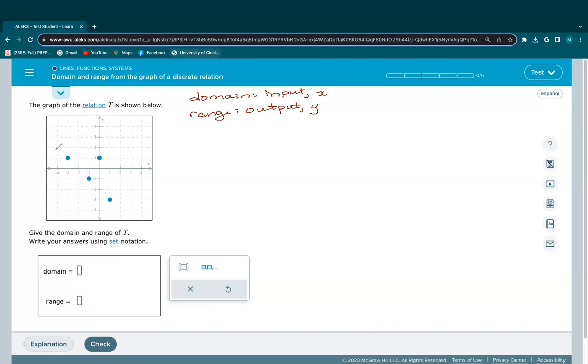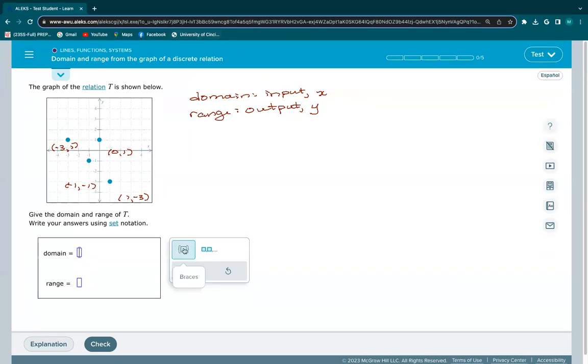We can also label our points. So this one is -3, 1. This one is 0, 1. This one is -1, -1. And this one is 1, -3. Now, when you're putting in your points, you do have to use the braces. If you do not have them, Alex will count it wrong.